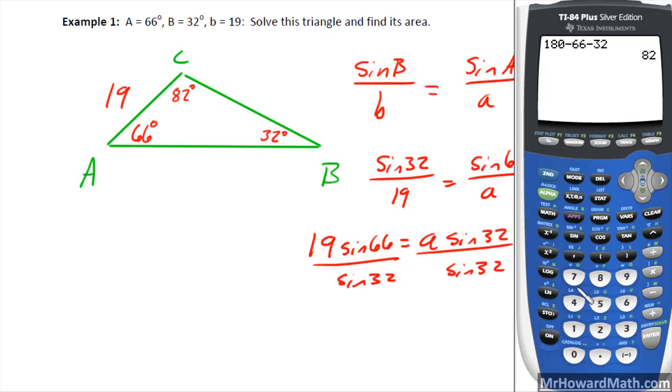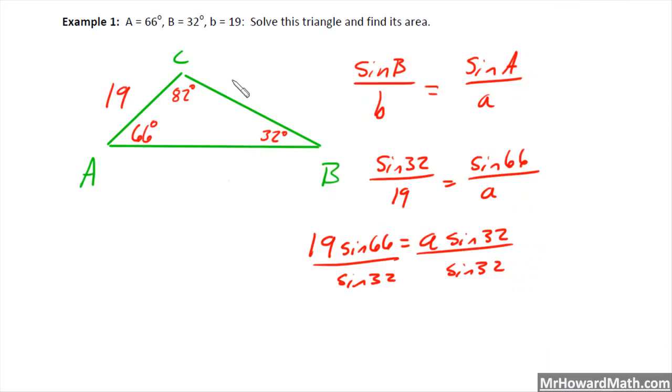So 19, we'll use our fraction button actually, to make it easier. So 19 sine 66 all over sine of 32 degrees, and that gives us 32.8. So side length A is 32.8.